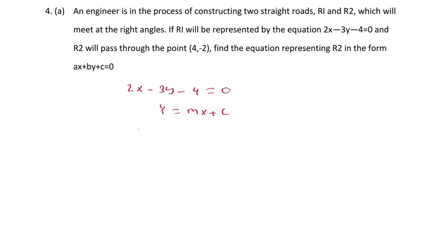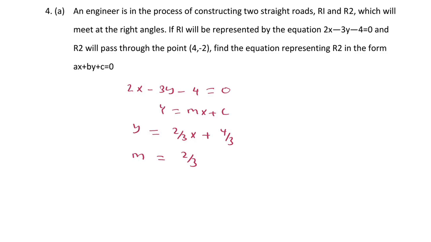So our equation is going to be y equals 2 over 3 x plus 4 over 3. From this equation, the slope is going to be 2 over 3, represented by the letter m.